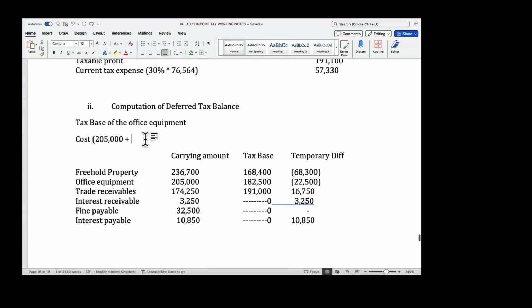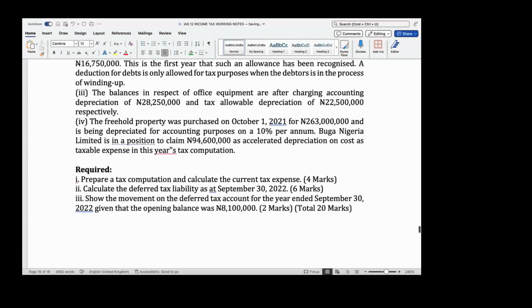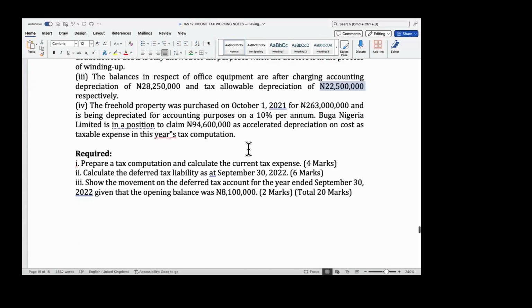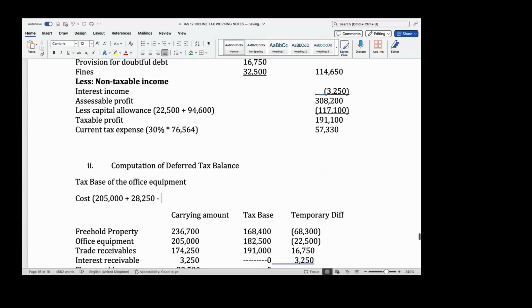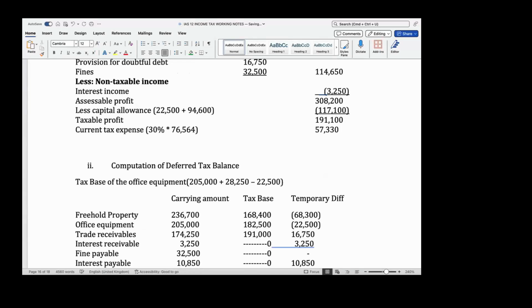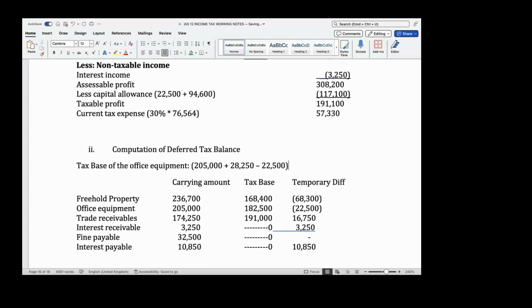28,250 minus the capital allowance, which is 22,500. So how much would this give us? Point your calculator, please. $210,750.